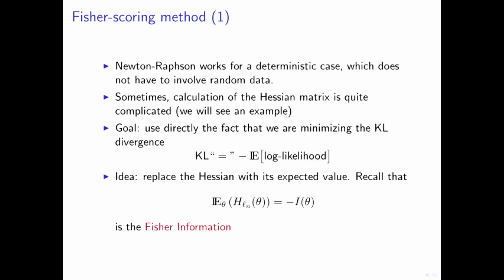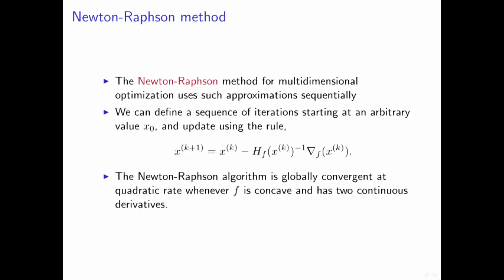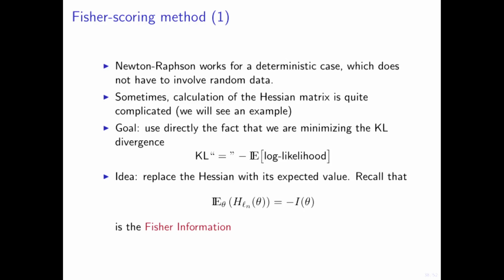So if you look at the previous one, as I said, we're going to have to compute the Hessian H sub ln of xk and then invert it. But let's forget about the inversion step for a second. We have to compute the Hessian. This is because this is the Hessian of the function we're trying to minimize. But if I could actually replace it, not by the function I'm trying to maximize, the log likelihood, but really by the function I wish I was actually minimizing, which is the KL, right? Then that would be really nice.